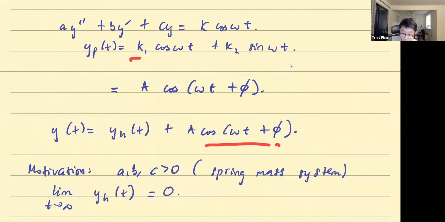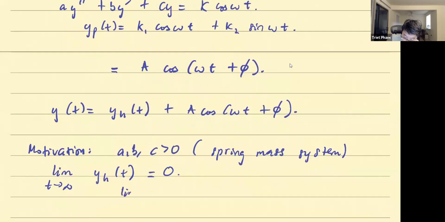When you have something like this, it's better to convert it into this, because A will represent the amplitude of your long-term state solution. K1 and K2, even though they express that, are not as neat. And phi is the phase angle, the phase shift: how far away from the origin the steady state solution is positioned. In this case, the limit as t goes to infinity of your solution will be yp.